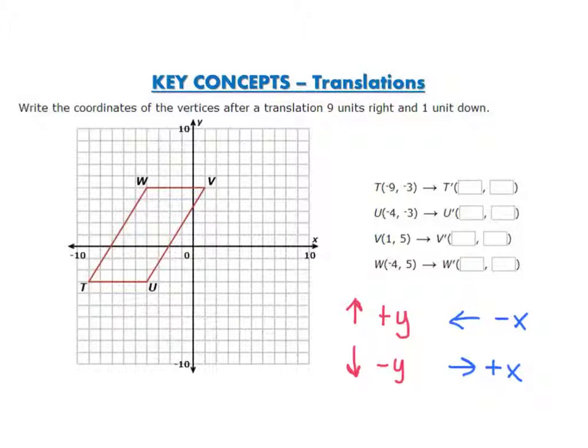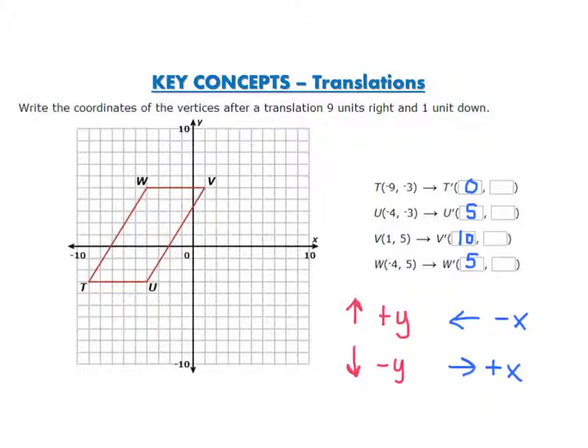So let's take a look and see what we've got. So I'm going to add 9 to my X's. So I would have 0, -4 plus 9 is 5, 1 plus 9 is 10, -4 plus 9 is 5.